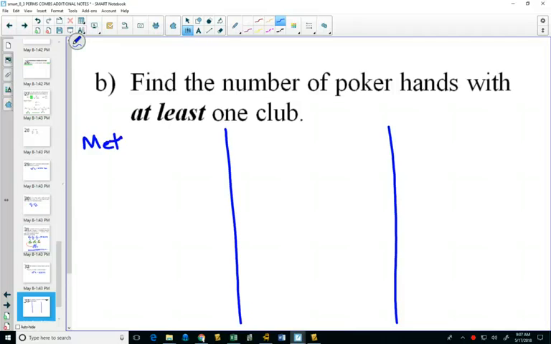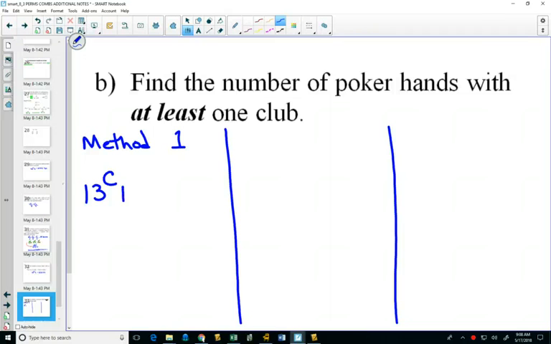Here is method 1. Method 1 is an awesome method to use. What you do is you have your 13 clubs. I've already taken them out of my deck. If I want a poker hand with at least 1 club, I need at least 1 club. So what I do is I go 13 choose 1.